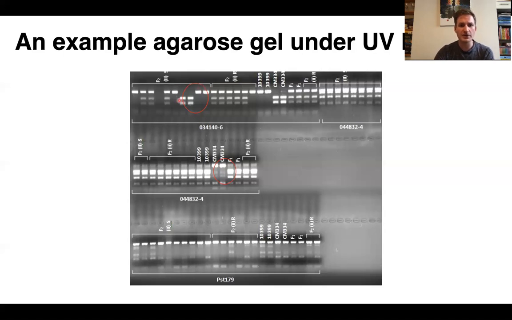I've circled some areas here in red, and those areas are indicating basically PCR products with the same primers, amplifying the same genomic region, but in different plants.